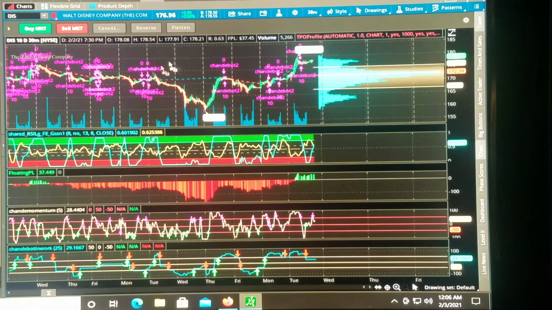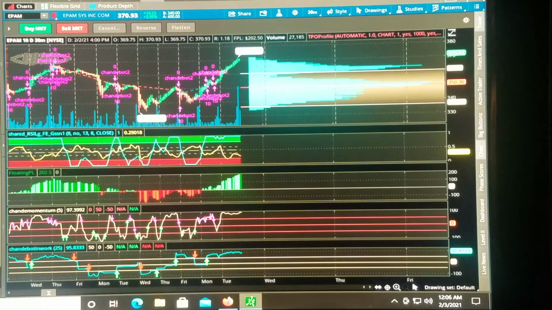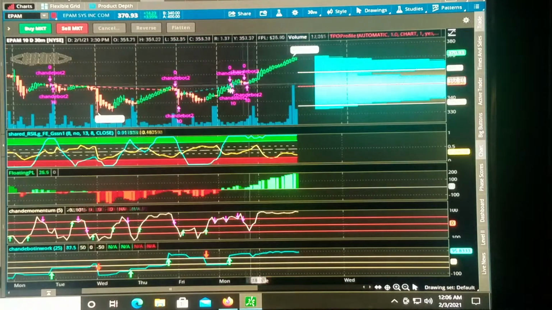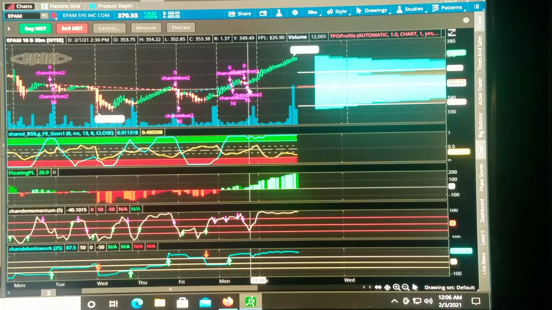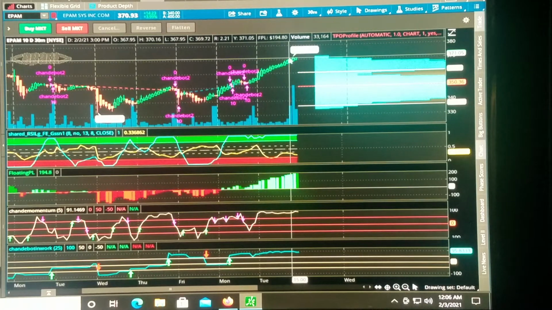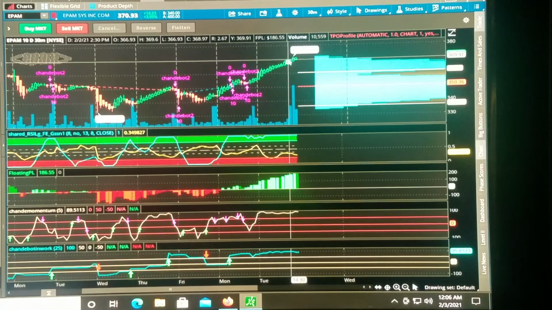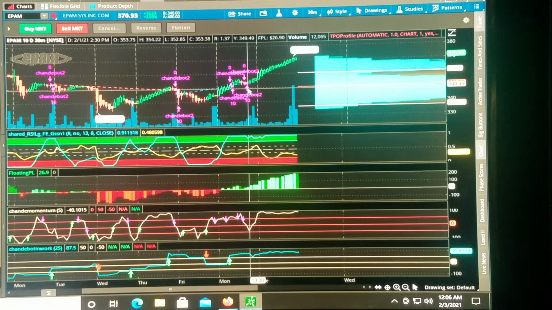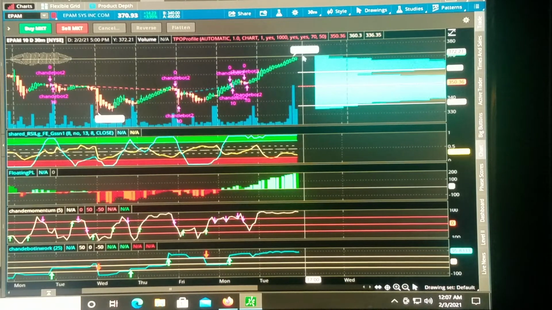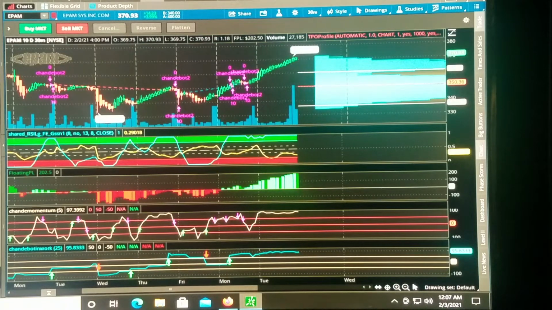Let's see this. EPAM. Walt Disney. Yep. Yeah, would have bought in here and we would have had a nice run. So. Huh. Had our little bot been set, it would have caught this particular motion. But I mean, you'd have to buy 10 shares of that.